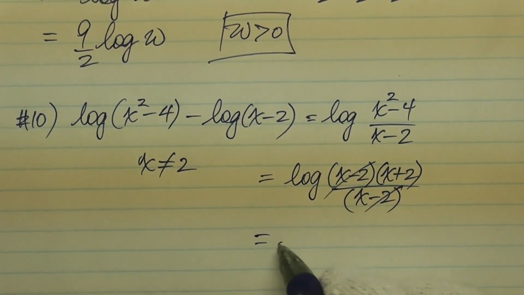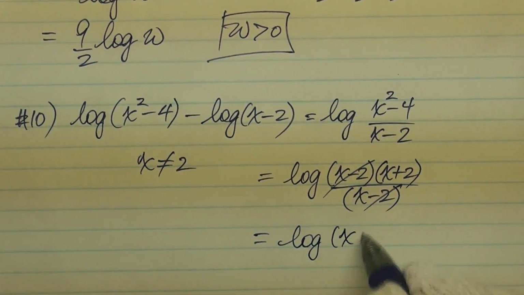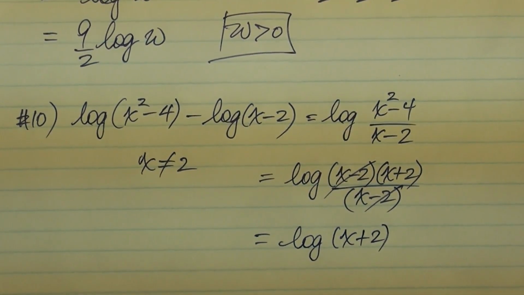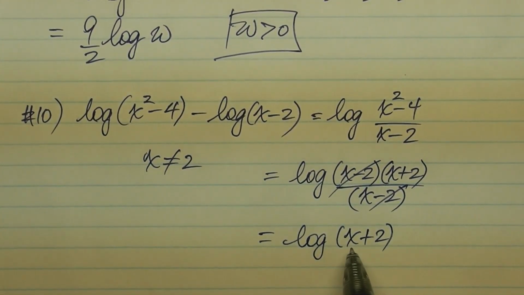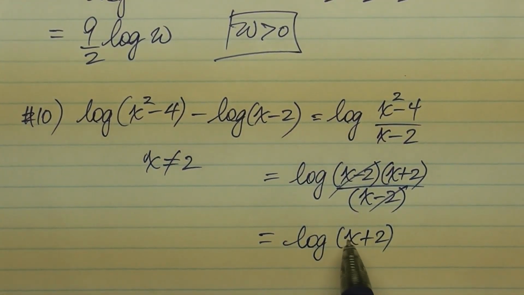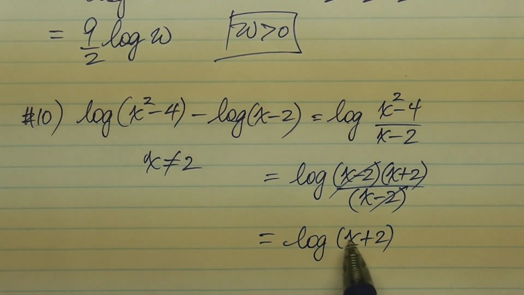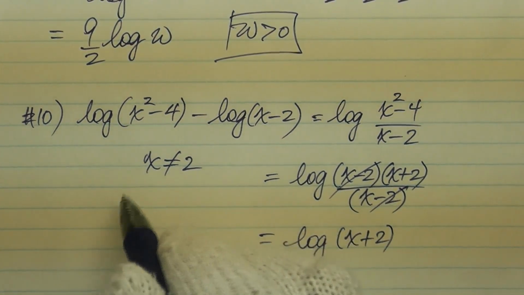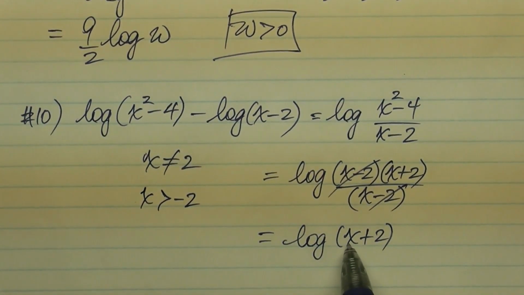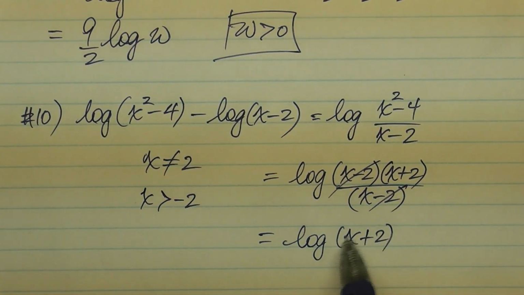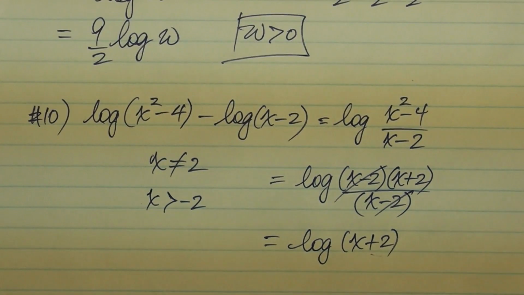And so that's going to simplify to log of x plus 2. And since this has to be positive, x has to be greater than negative 2. Negative 2 would give it 0. Negative 2 plus 2 is 0, but it can't be 0. It has to be greater than 0. So that's why you've got that restriction.